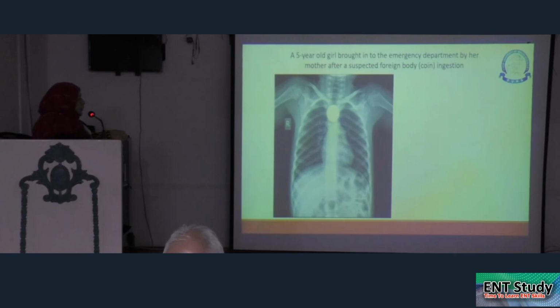X-ray of a 5-year-old brought to the emergency department by her mother after a suspected foreign body ingestion.